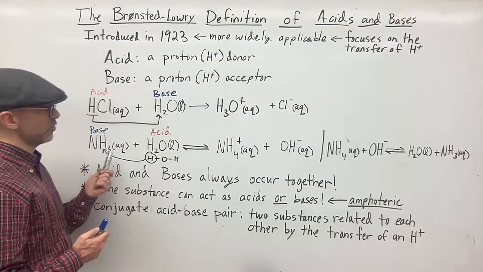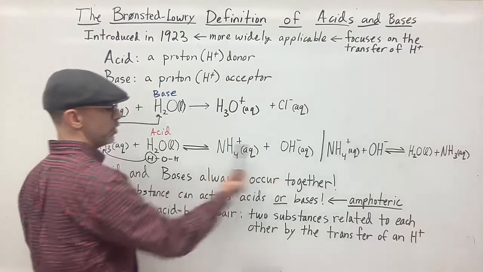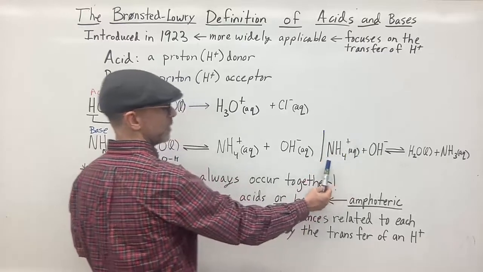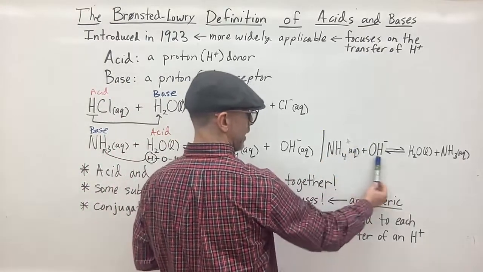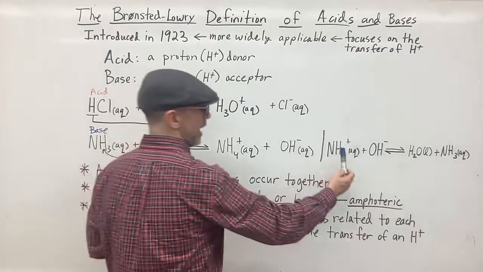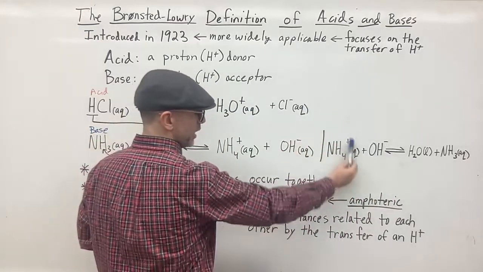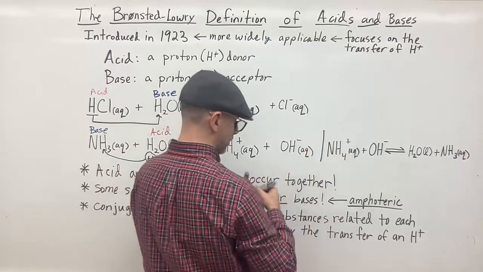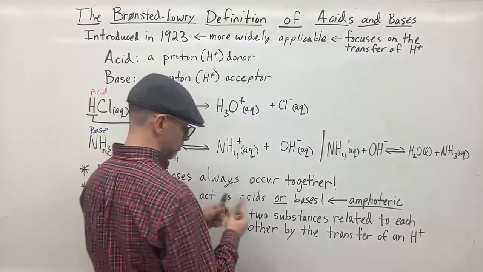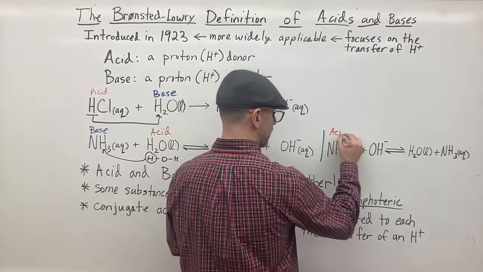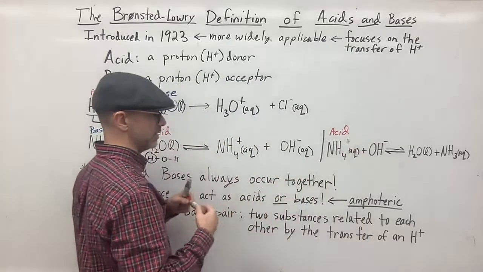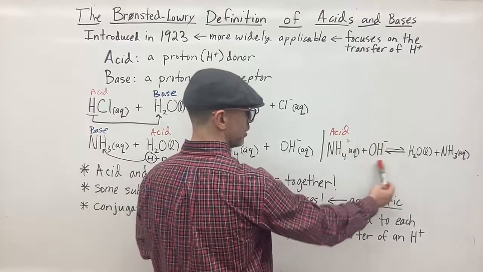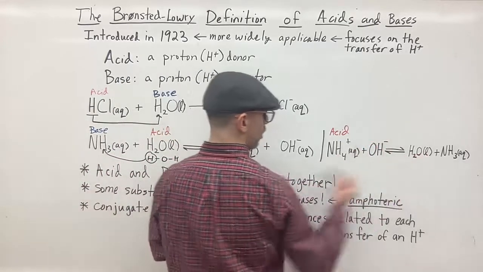And the other thing to note here is that if we reverse this reaction and we make the NH4 plus, the ammonium, and the OH minus the reactants, we now see that the ammonium here is acting as an acid. So this is acting as a Bronsted-Lowry acid because it's now going to donate an H plus to OH minus, and that's going to form water.